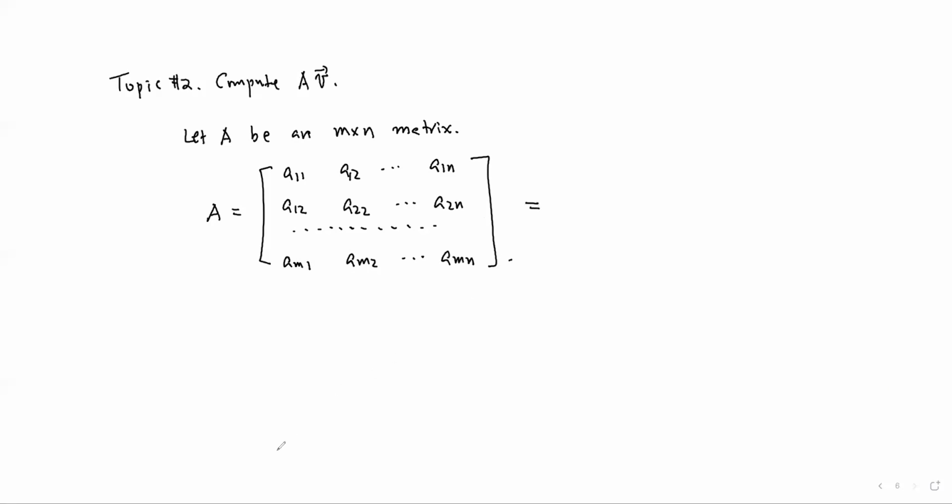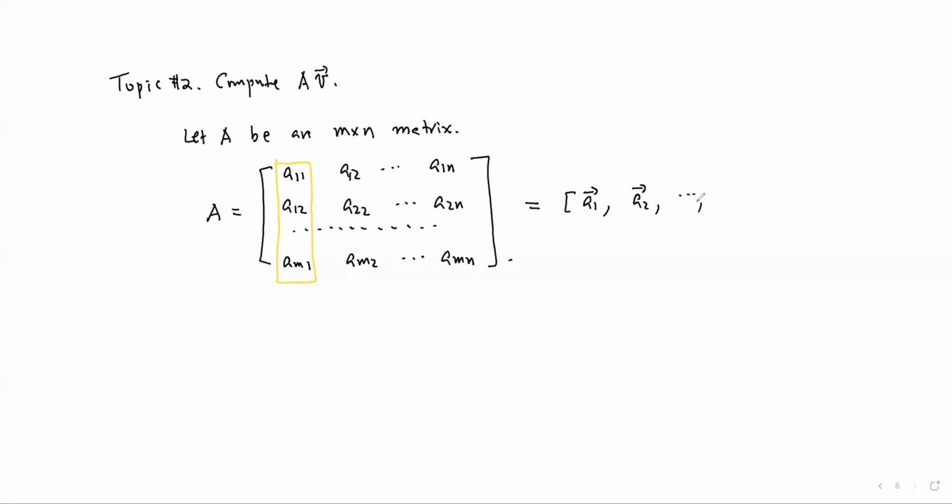Let me denote the first column. Each column is a vector. The first column, let me denote it by A1 arrow. The second column is a vector, let me denote it by A2 arrow, and so on.